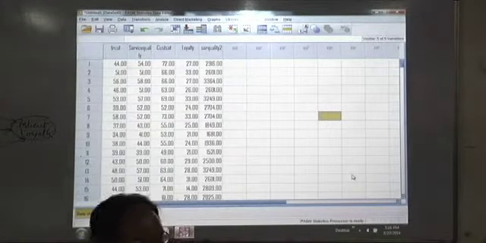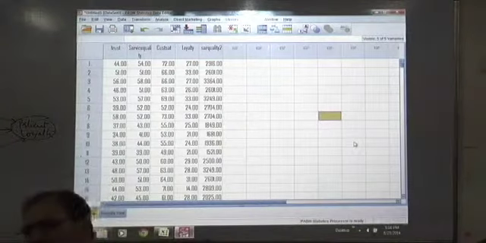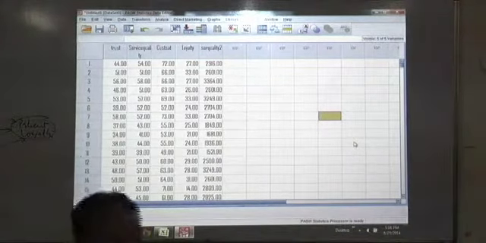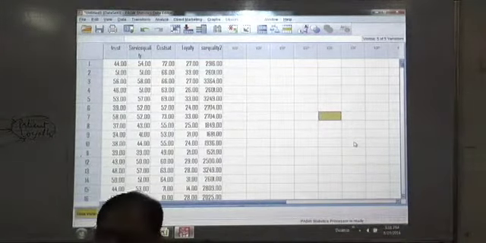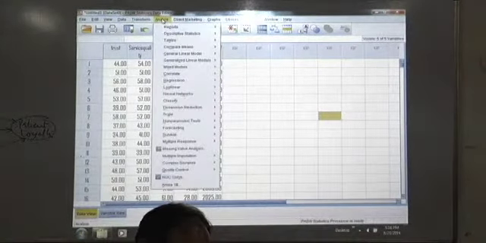We need to keep only the original ones, and service quality 2 also we will remove. No, leave it. All right, so now we have independent variables only. Now we will see multiple regression.